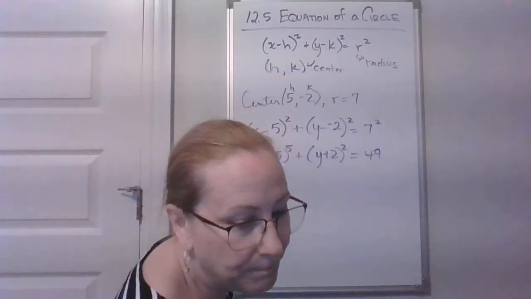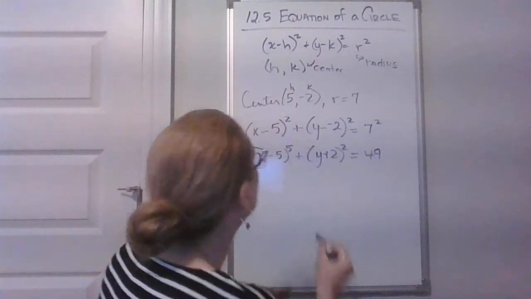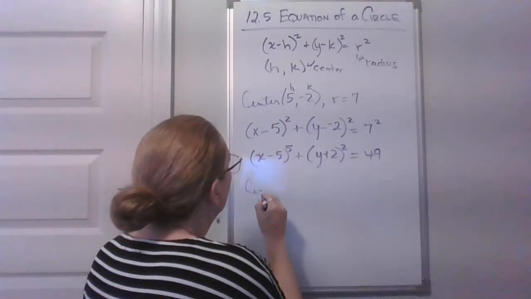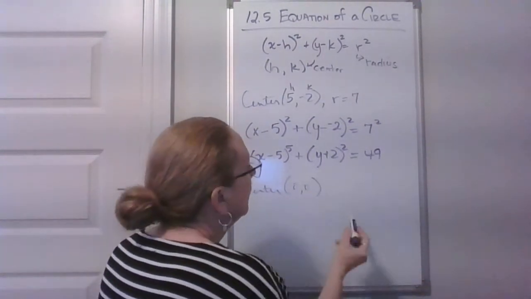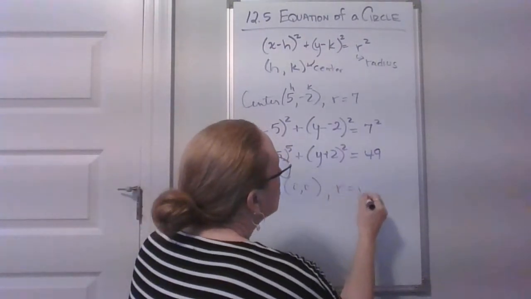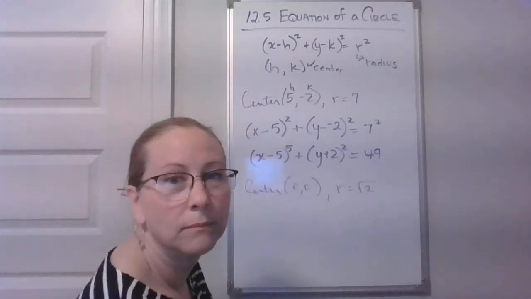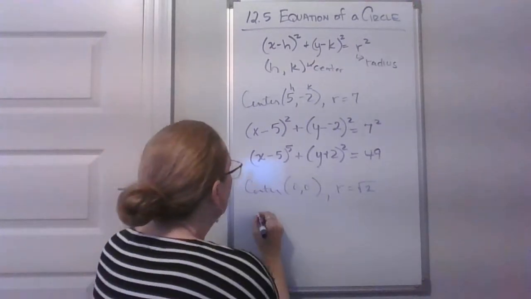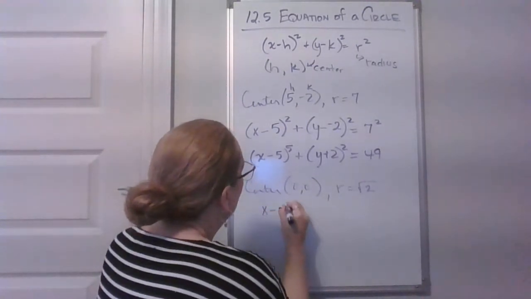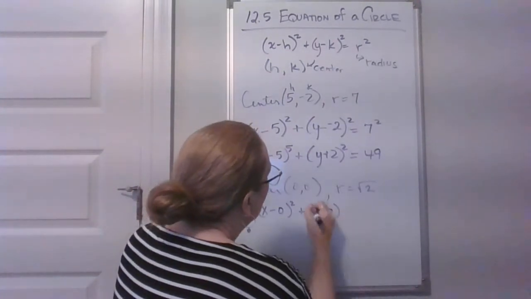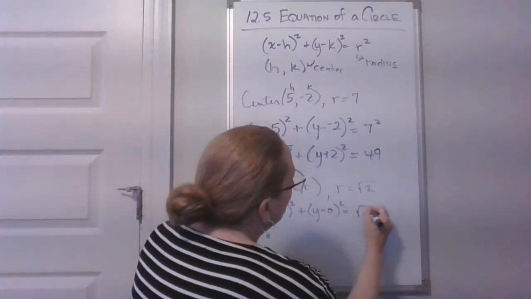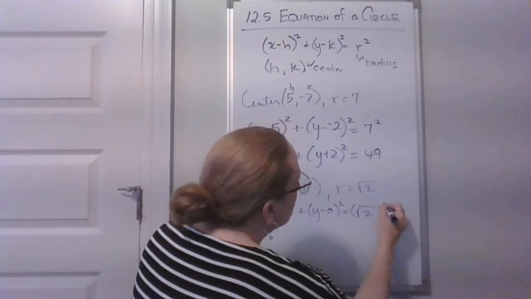Here's another one. What if we had a center of (0, 0) and a radius of the square root of 2? So our center, x minus 0 squared plus y minus 0 squared equals the square root of 2 squared.